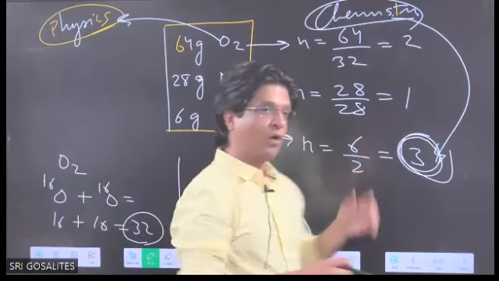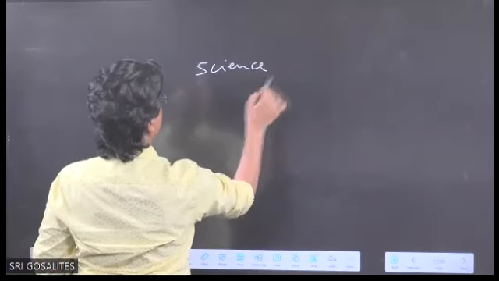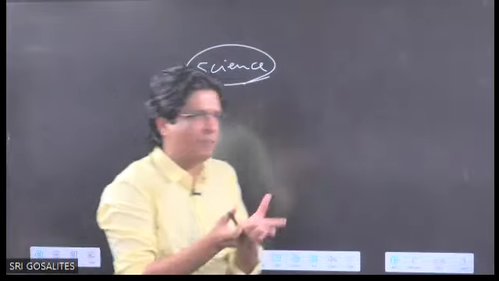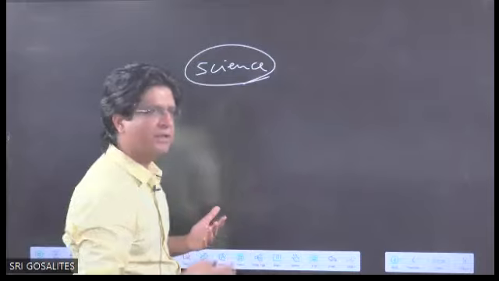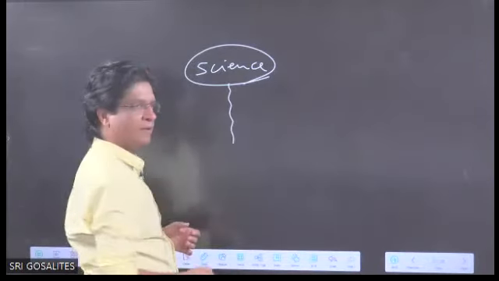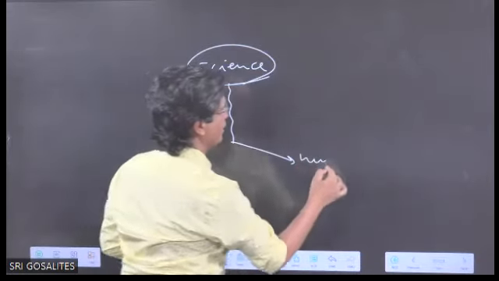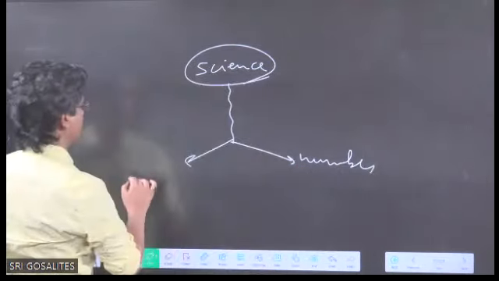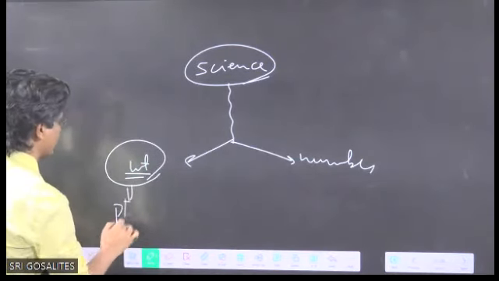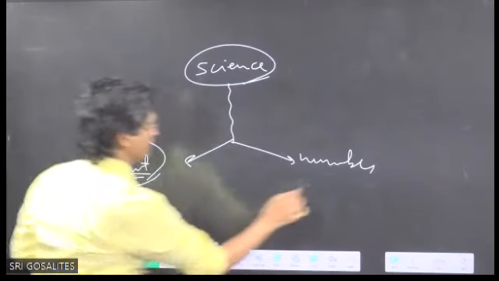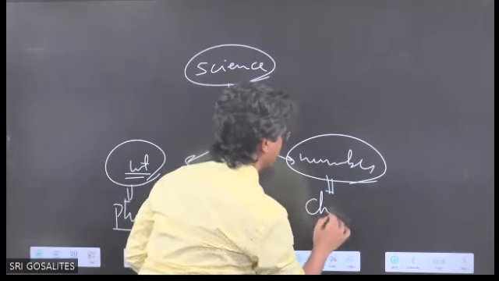Long back ago, there was something called science. Initially, when science was developing, we used to study weight, volume, and number at the same place. But slowly, as progress occurred, scientists thought that we should separate number from weight. So the people who chose weight were called physicists, and this subject became physics. The people who started working with numbers became chemists, and the subject was called chemistry.